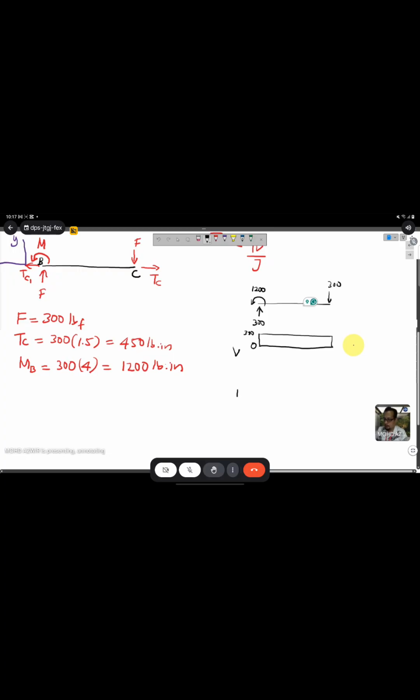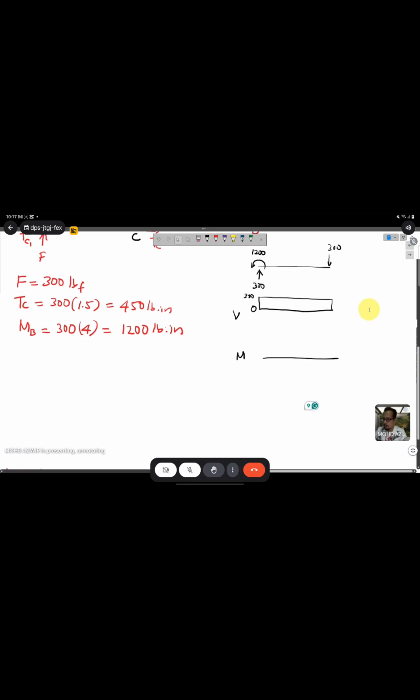Then for the bending moment diagram, we have a bending load which is 1,200. That means we're starting with 1,200. The length of this one is 4 inch. You can calculate 300 times 4, you get the area of it is 1,200.